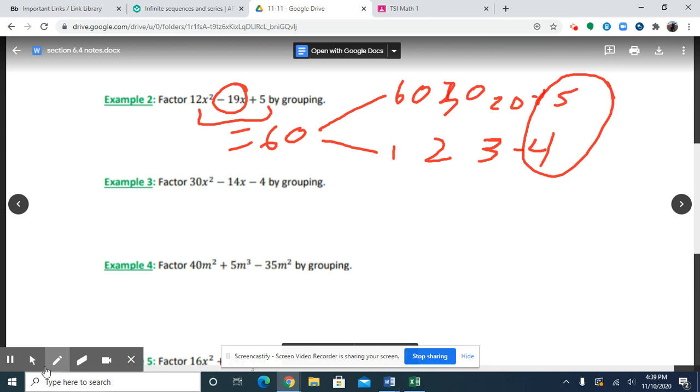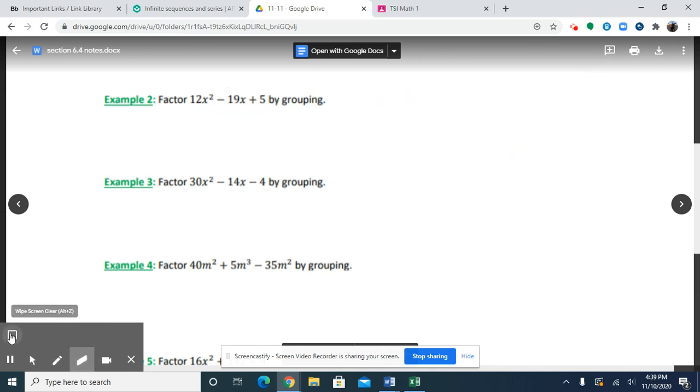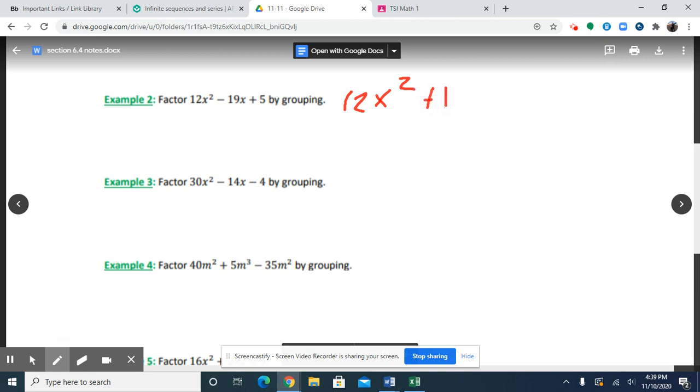So we would rewrite this as 12x squared minus 15x, sorry, not plus, that would be minus.